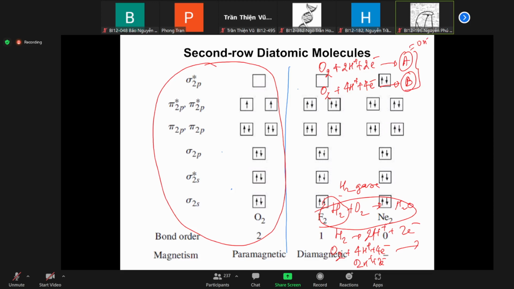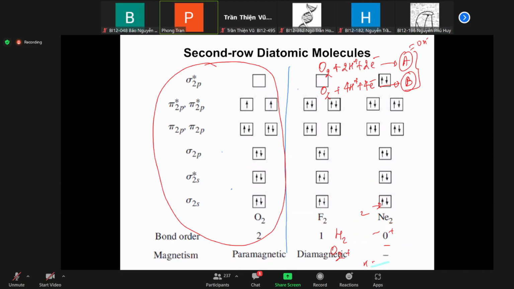How can you come out with this prediction? Okay, so I think the two electrons here will come into the orbital of O2.